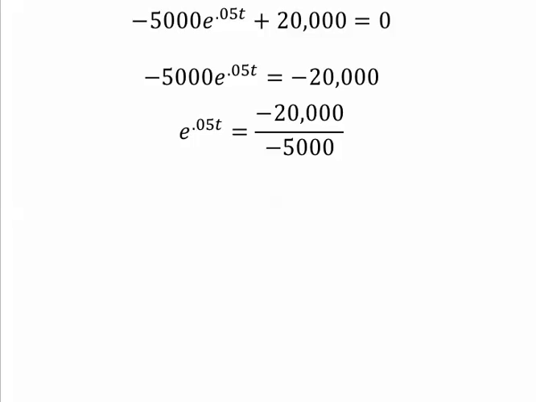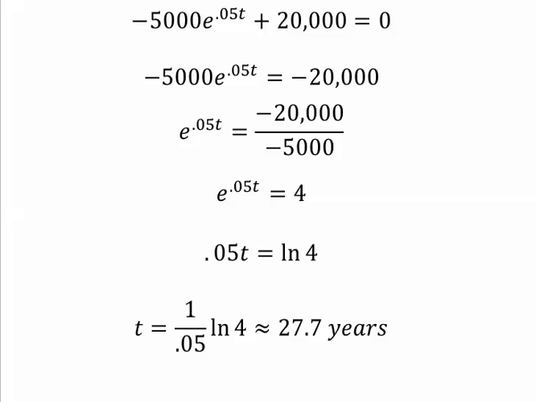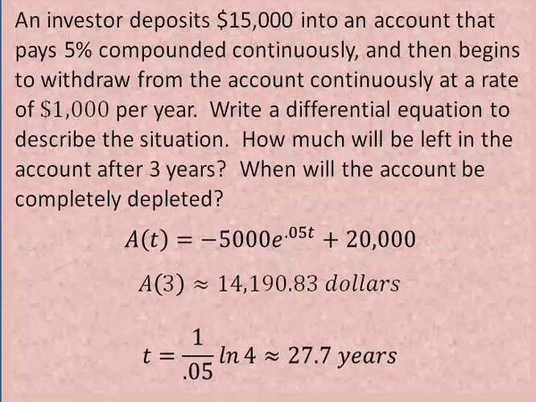Divide both sides by negative 5,000. And now take the log of both sides and divide both sides by 0.05. And I get about 27.7 years.